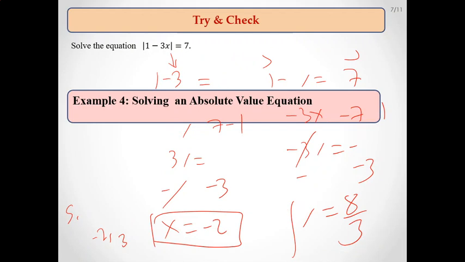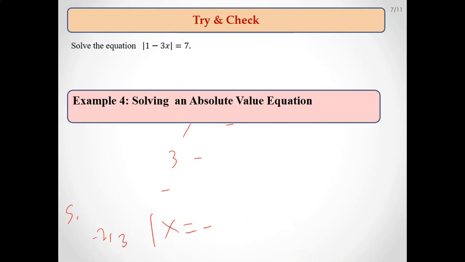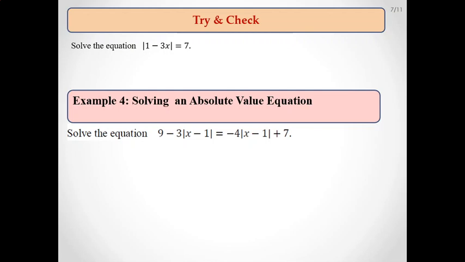Now we have another example. In this example, we don't have a straightforward equation. We have some absolute value here and absolute value here, and they're the same, right?